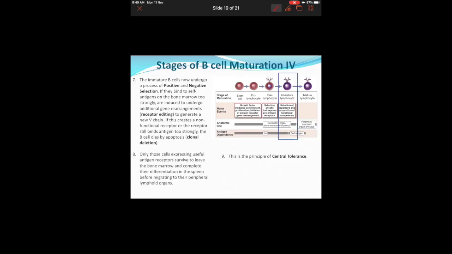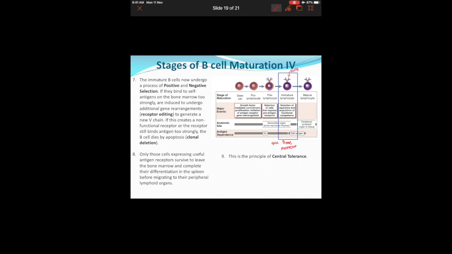Now this is still in the bone marrow. So within the bone marrow you have this immature lymphocyte, developed from this pre-lymphocyte, which is now expressing a fully functional IgM antibody.